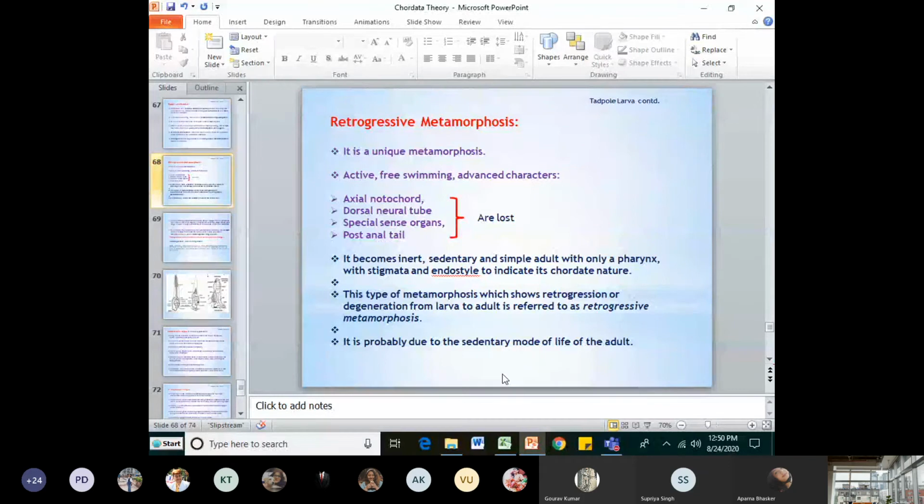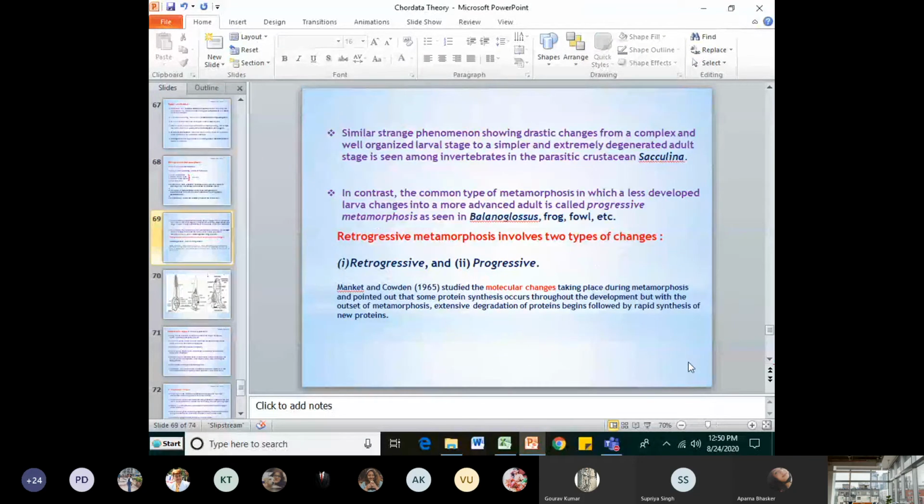A similar strange phenomenon showing drastic changes is also seen in the life cycle of Sacculina, as I told you a little while ago. In contrast, the common type of metamorphosis in which a less developed larva changes into a more advanced adult is called progressive metamorphosis, like we see in Bufo.